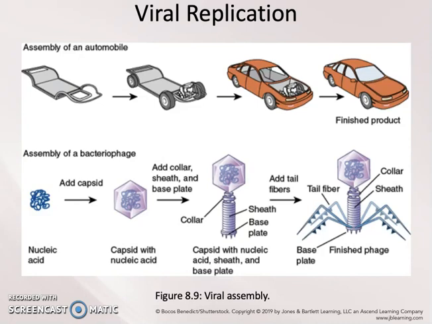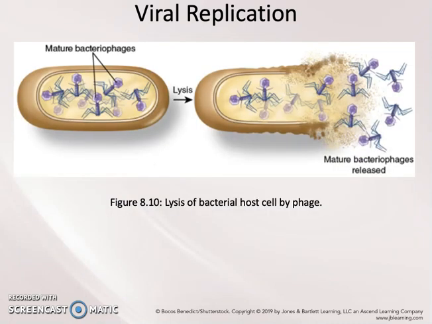This leads us to the final stage of viral replication, release. Release of T4 bacteriophage is done by lysis, where the E. coli cells are so full of viral particles or virions that the host cell erupts.